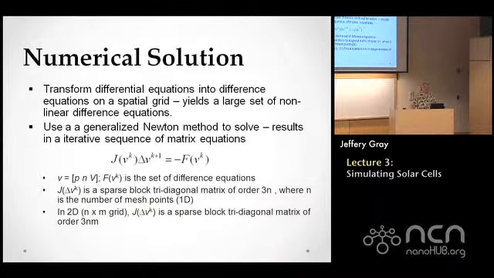So 750, or 3,000 equations. And unfortunately, they're nonlinear, which means you can't just make a matrix and solve for the solution. But I'm sure you're all familiar with Newton's method for finding the root of a nonlinear equation. So you can apply a generalized Newton method to solving this large system of nonlinear equations and iterate to find its zero, or its solution essentially.